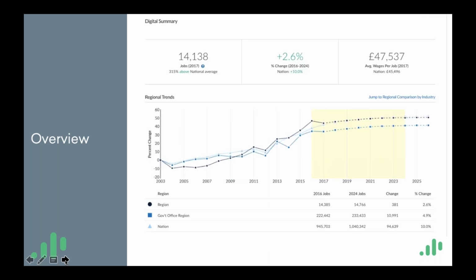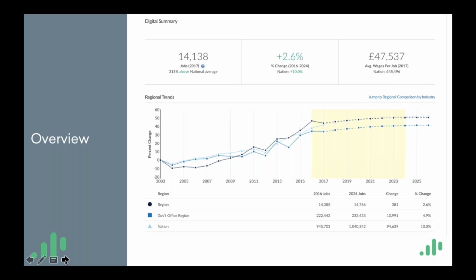I thought it'd be useful to look at a summary, and this is where you can start to compare digital in your region to how it is nationally. The light blue line on this graph is the regional trend, the dark blue being the anonymized region we're currently looking at, and the royal blue is the comparative region.